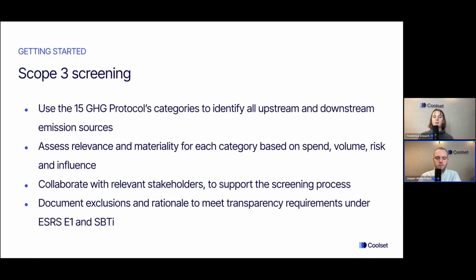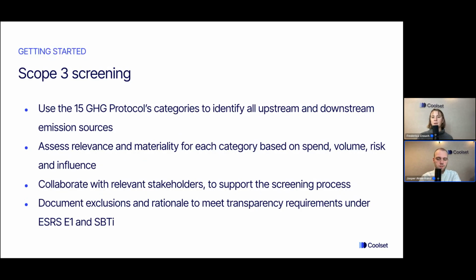A scope 3 screening is when you use the 15 GHG Protocol categories to identify all upstream and downstream emission sources. So it's using that list I showed before with the 15 categories to identify where you might have material emissions. For each category, you can assess the relevance and materiality based on spend, volume, risk, and influence.